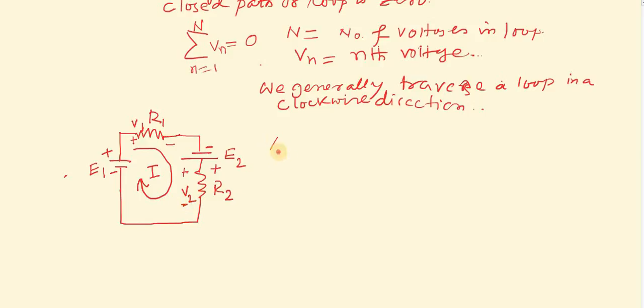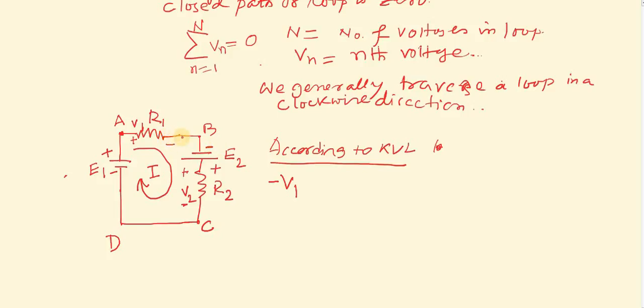Now according to KVL, we start from point A, then B, C and D. While traversing from A, we encounter a negative symbol here, so we write the negative voltage, V1. So write minus V1.